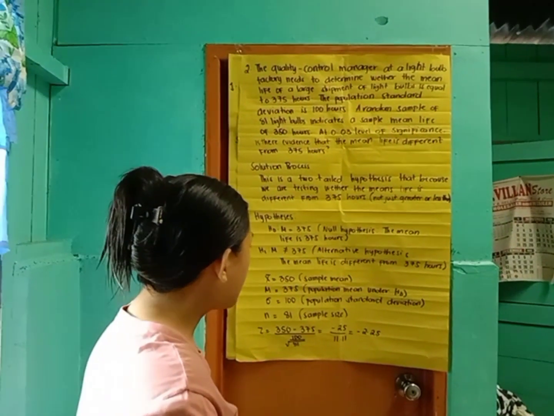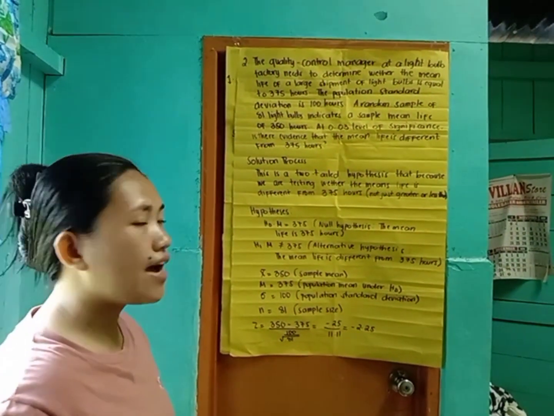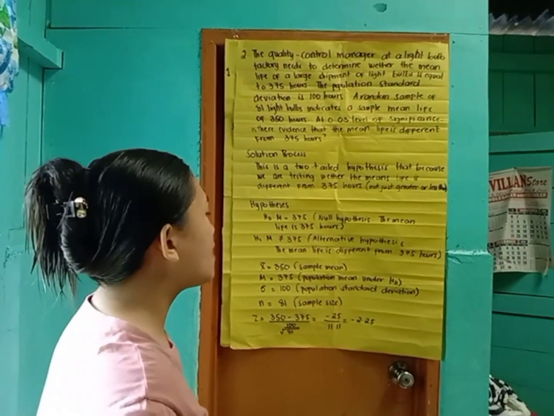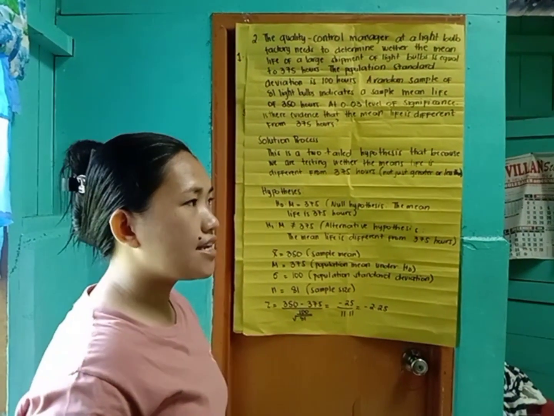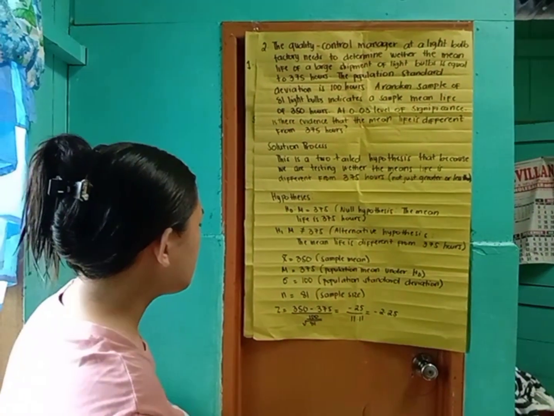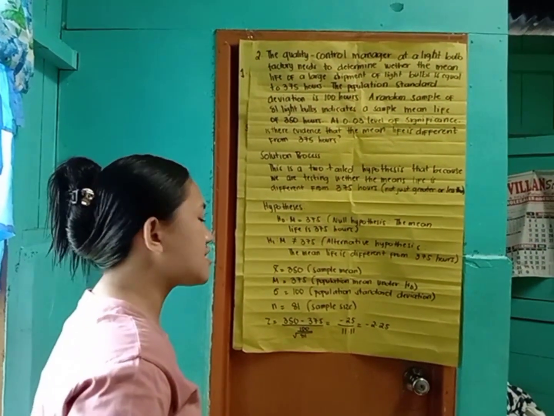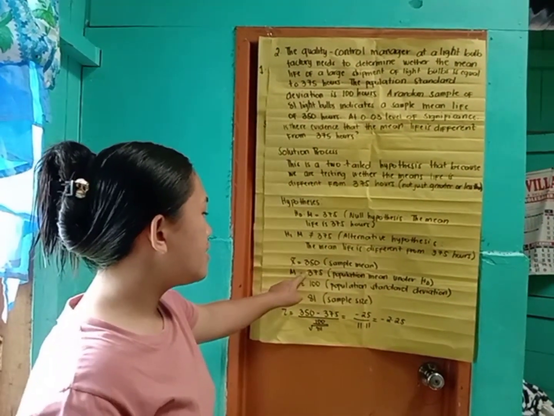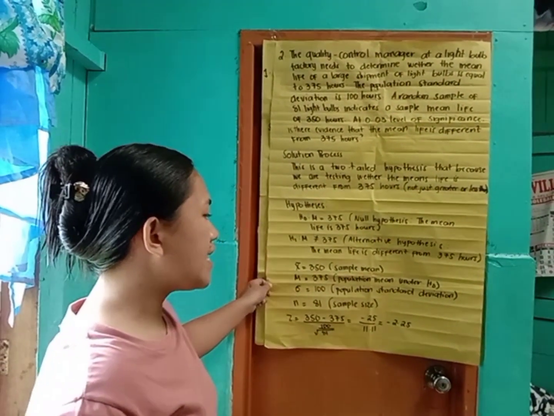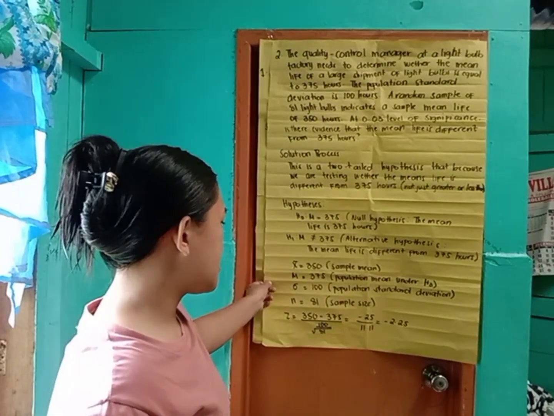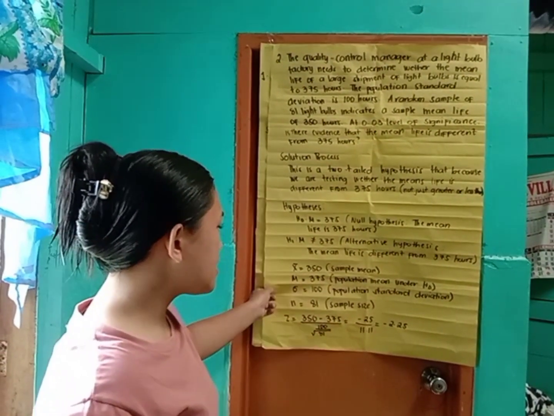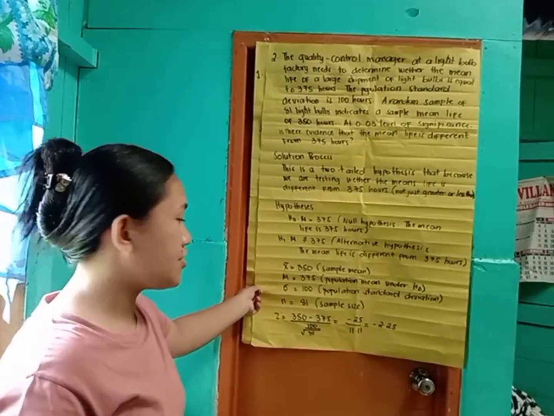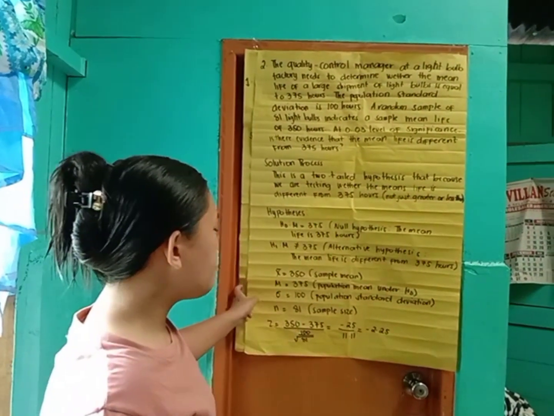The alternative hypothesis: the mean life is different from 375 hours. So 350 is the sample mean and 375 is the population mean under the null hypothesis. The 100 is the population standard deviation. The 81 is the sample size.